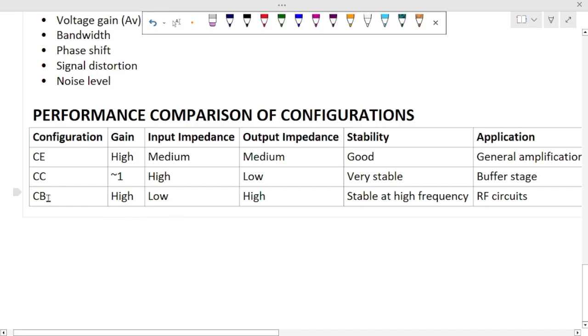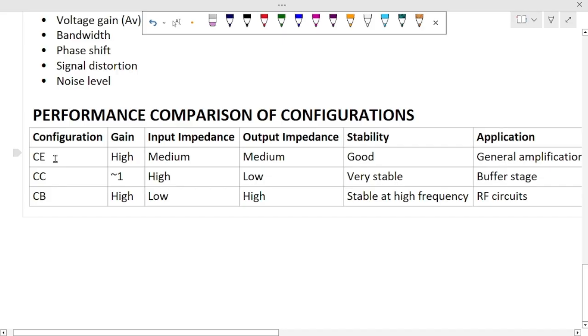Then for common base, the input impedance is what? Is low. So we can say all three: low, medium, high. But for the output impedance, that means for current flowing out of the system or that particular stage or that configuration, the output impedance is what?